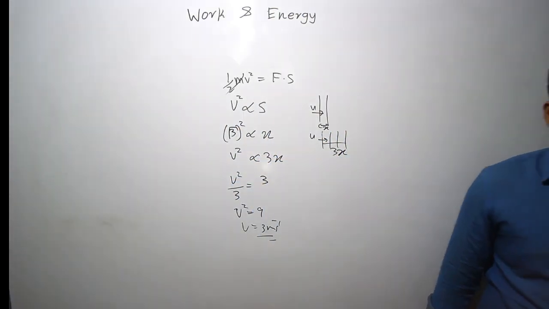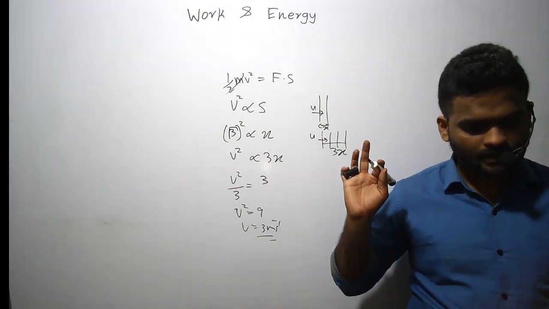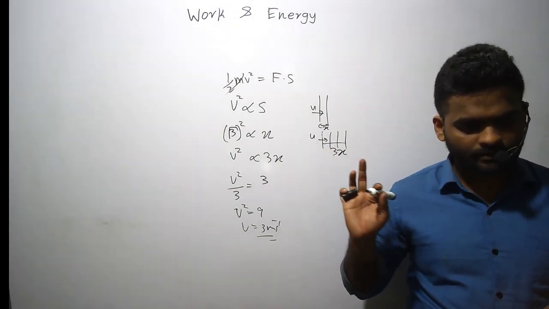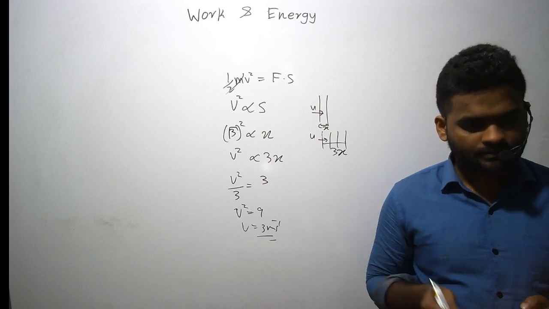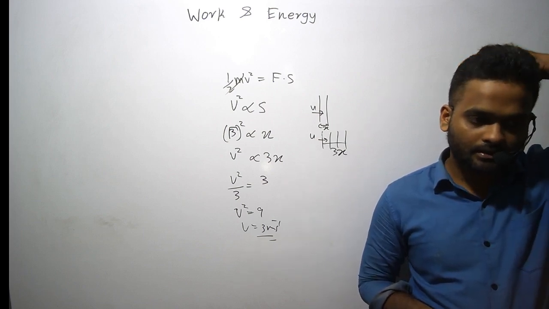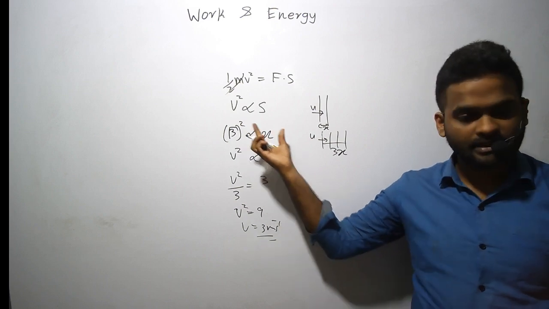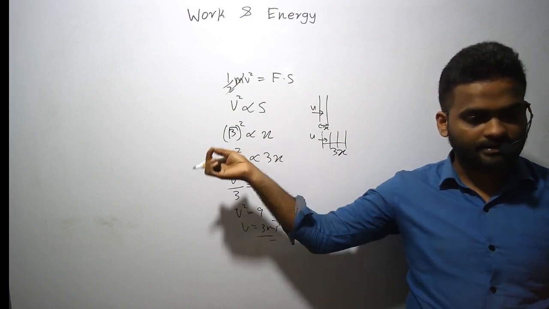Second one, right? Take it down. Did everyone understand? Okay. So that is the proportionality there. v squared is proportional to x.